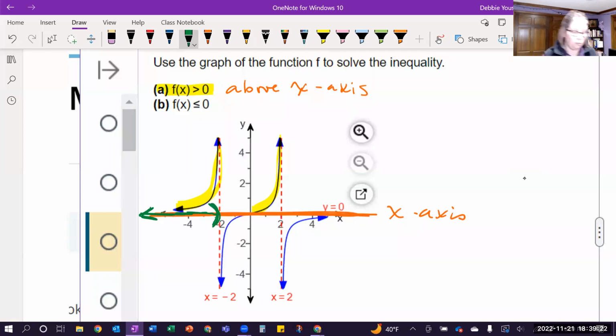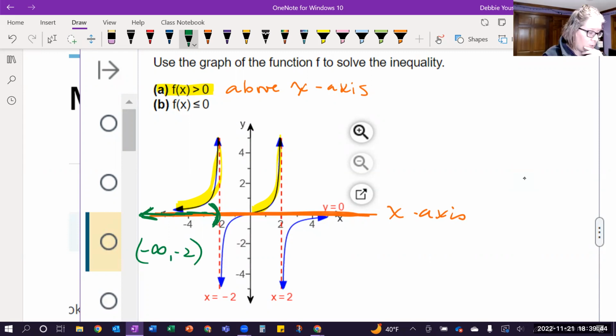Well, that's an interval. That's from -infinity to -2 with an open parenthesis because I'm only going above the axis and not including and being on it. And I have an asymptote, which isn't included anyway. So that part gives me that first yellow highlighted part.